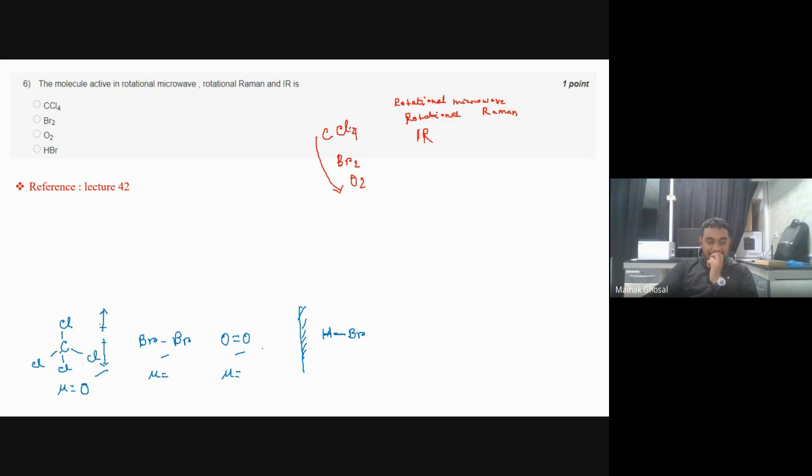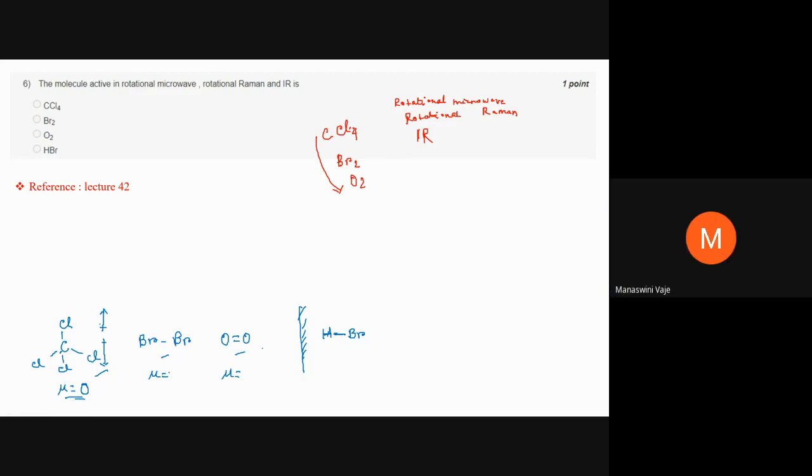Because all the CCl moments will give a resultant moment in this direction, which will be cancelled by this CCl moment. So it will have 0 dipole moment. Now for Br2, what should be the dipole moment?